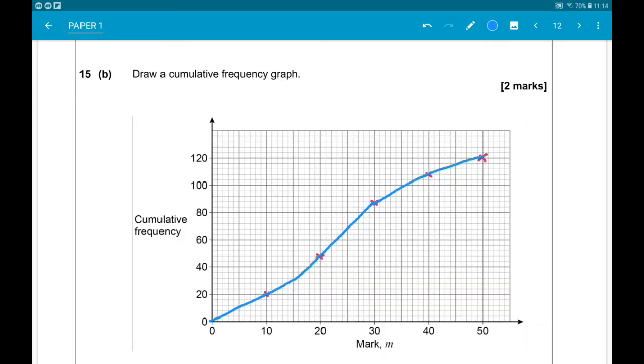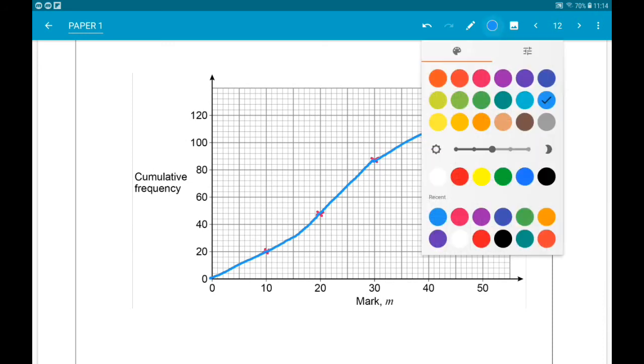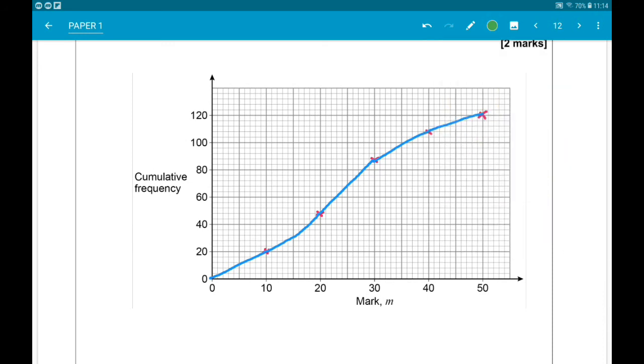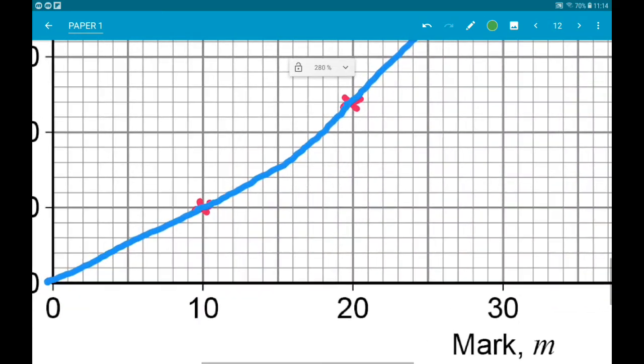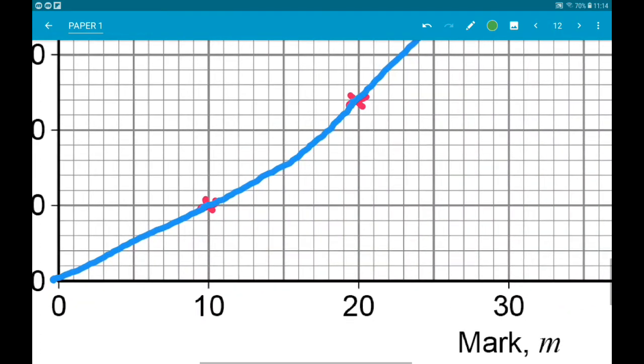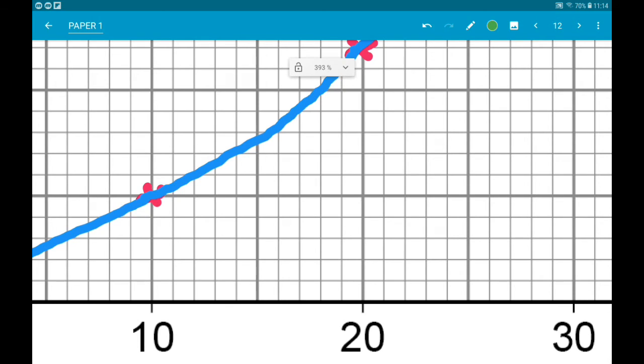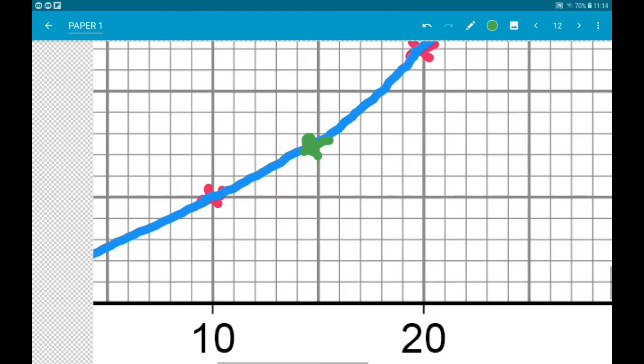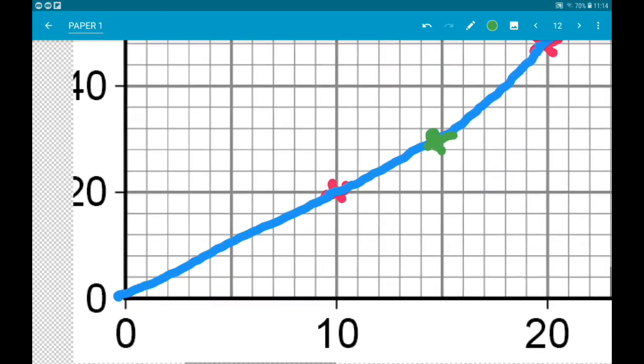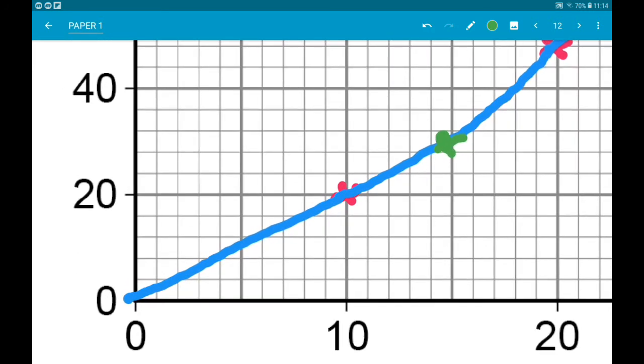So, we go back to the graph. Find 15 along the bottom. Go up until we hit the graph. So that's going to take us there. And then go across to the y-axis. So, by my graph, it's going to be about 30.